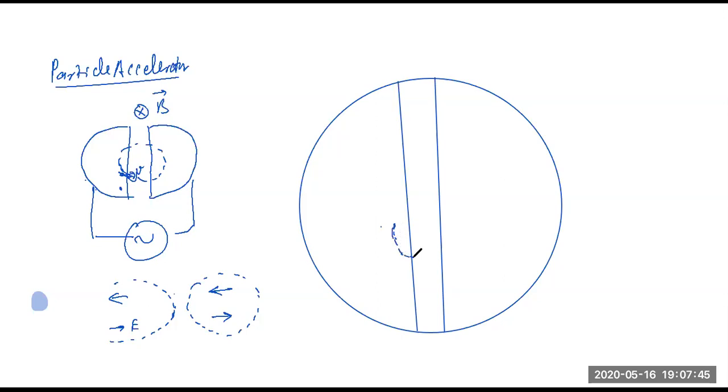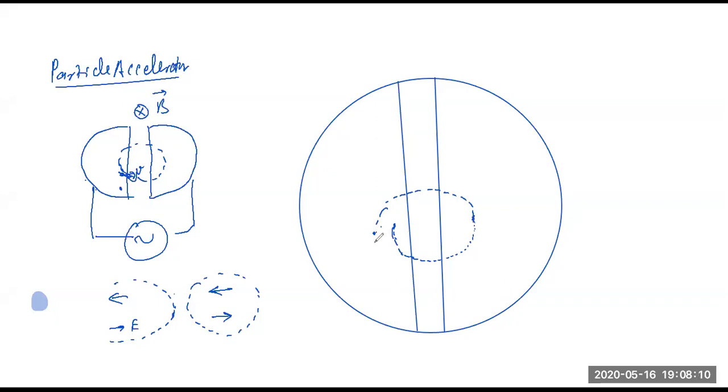So it tries to form a circle, but it will get dragged a little bit. As it completes half the circle, the direction of the electric field will change, and it will act from right to left now, and it will get dragged in the other direction.